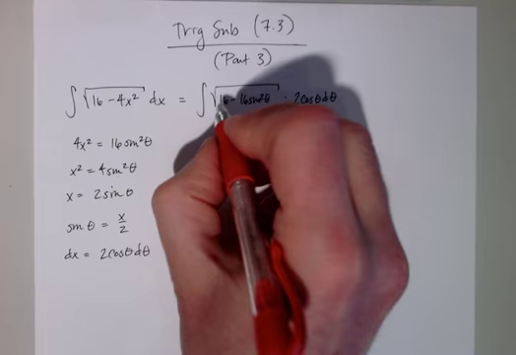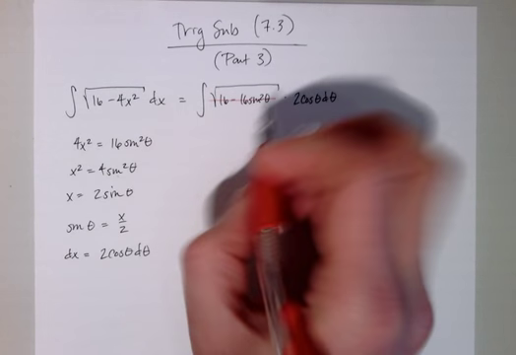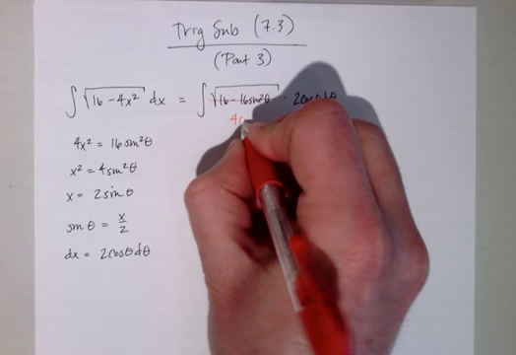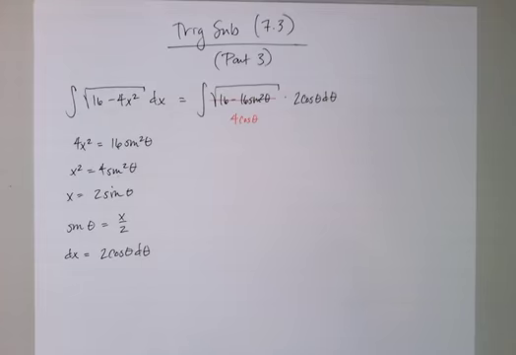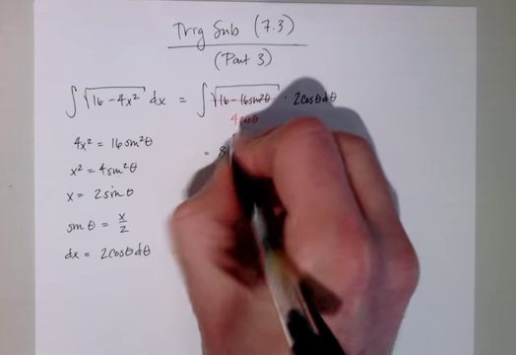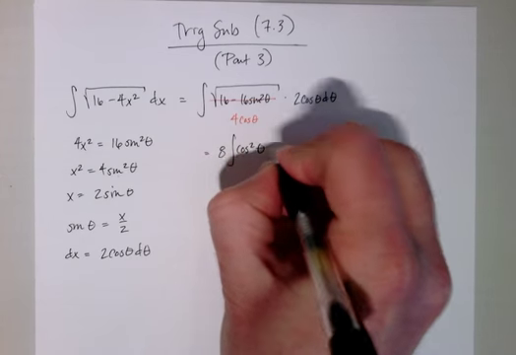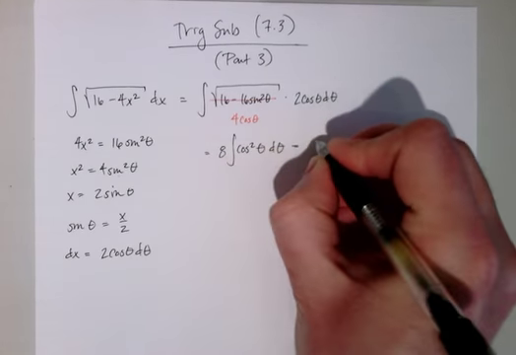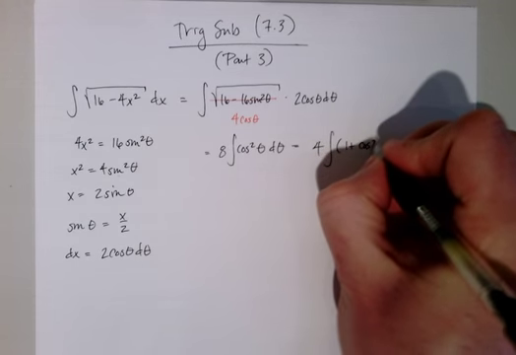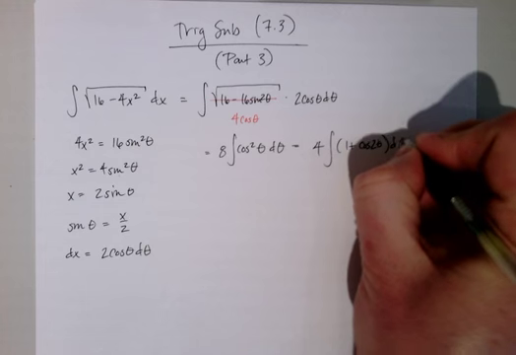Now this right here, of course, winds up being 16 cosine squared theta underneath, so this winds up being 4 cosine theta. And if that's the case, then this winds up being 8 cosine squared theta d theta, or 4 times 1 plus cosine 2 theta d theta.